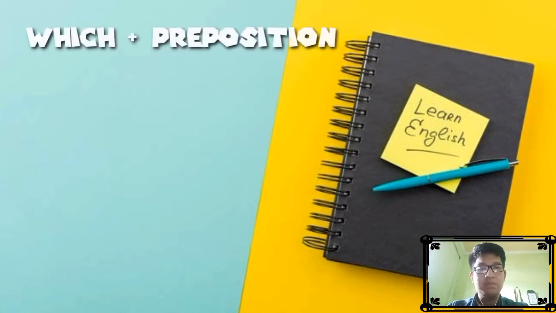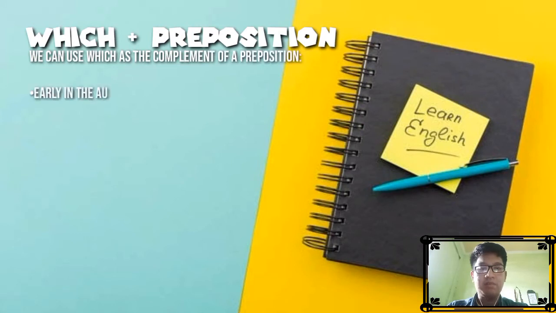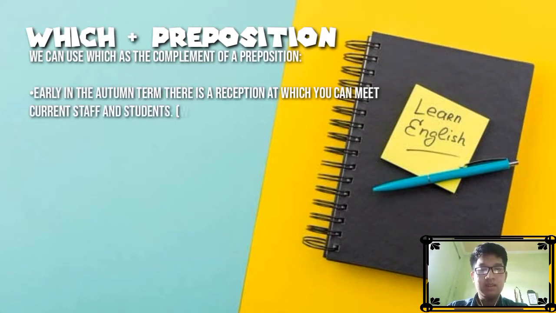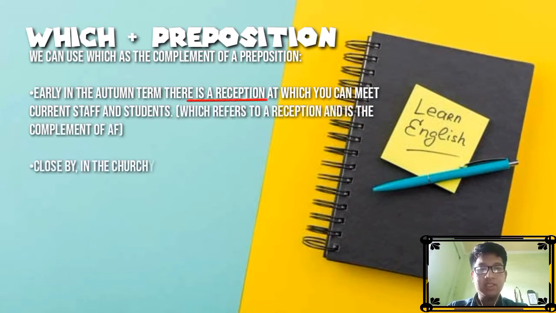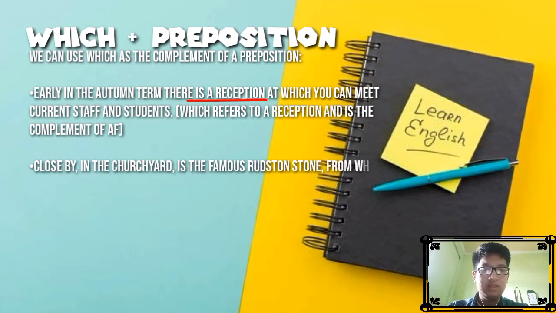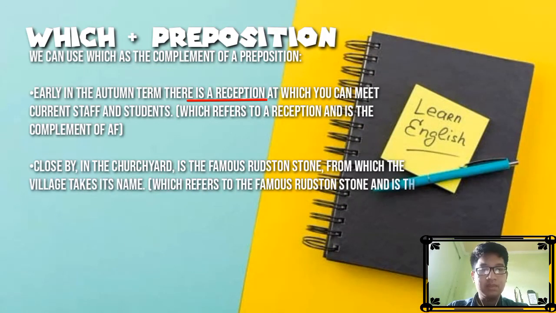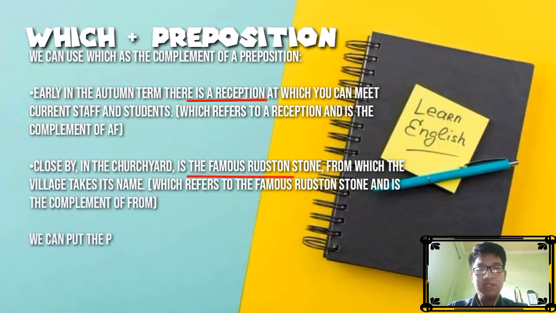Which plus preposition. We can use which as the complement of prepositions. For example, early in the autumn term, there is a reception at which you can meet current staff and students, which refers to the reception and is the complement of at.